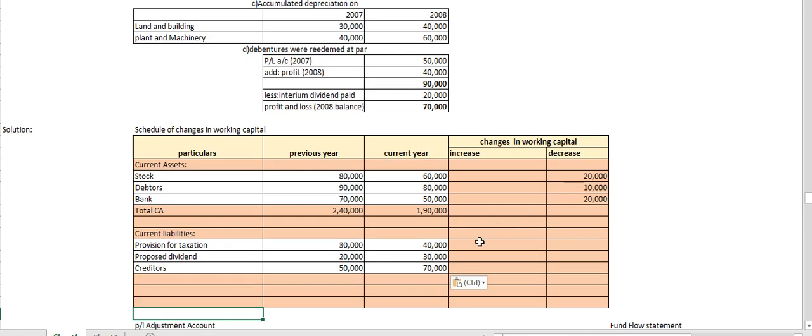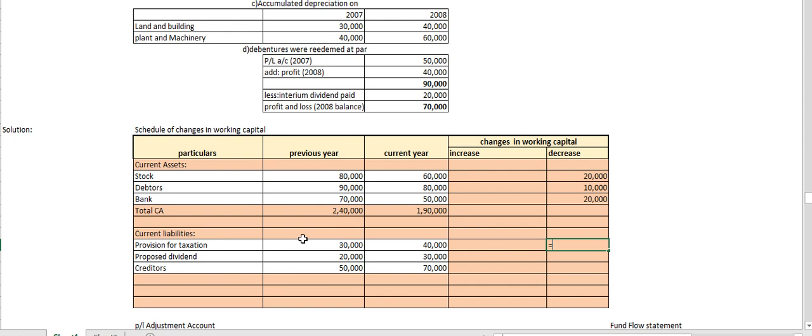Your provision for taxation for the last year is 30,000, the current year it is 40,000. When the current liability increases, your working capital decreases. When the current liability decreases, your working capital increases. So the current liability is increased, so you will show it in your decrease column.